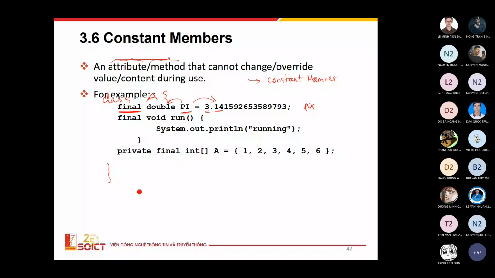So after that, nothing can change the value of P. The same for a method when you don't want to change or override this method, you will declare it as final, for example. For example, this is an attribute which is an array and you declare it final. That means later no one can change the array.